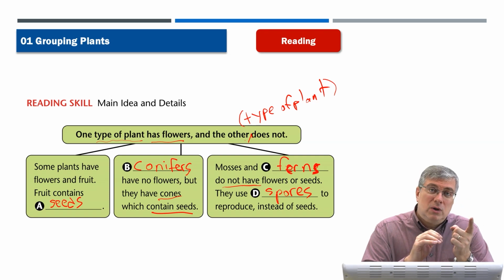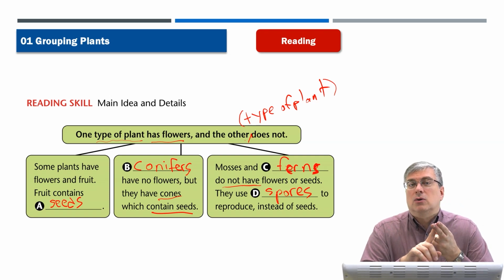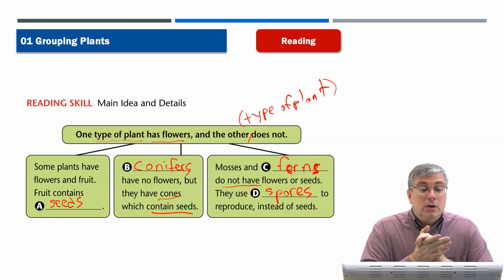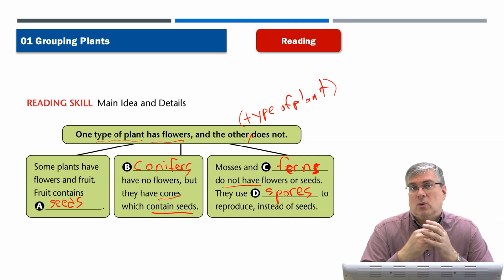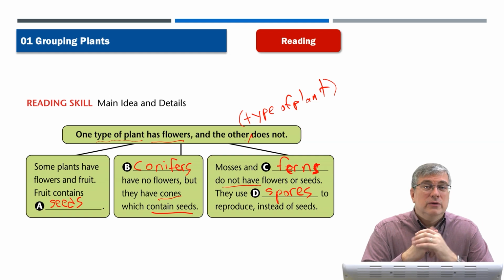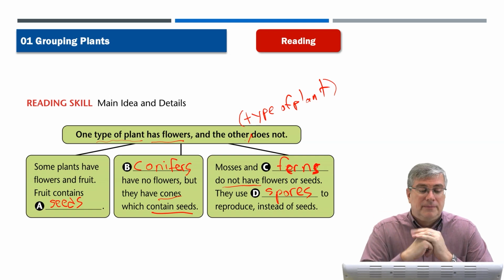How do they reproduce, and what types of physical characteristics, in this case stems, do different types of plants have? You could do this same idea with almost any living organism. You can classify them according to how they reproduce or their physical characteristics, or some other things that they do or have.